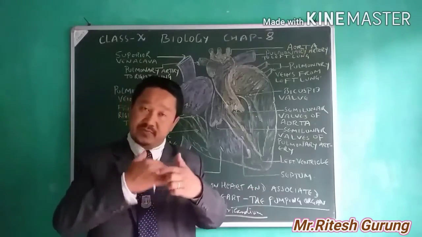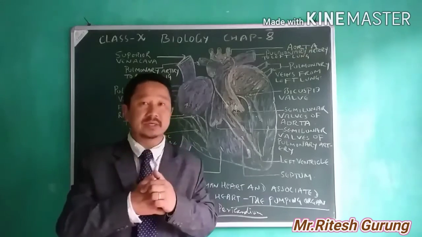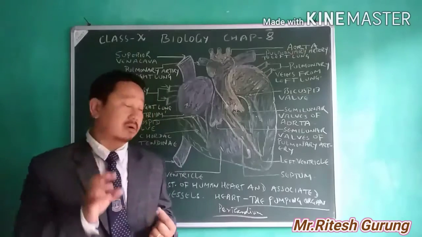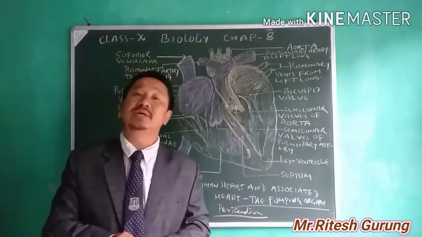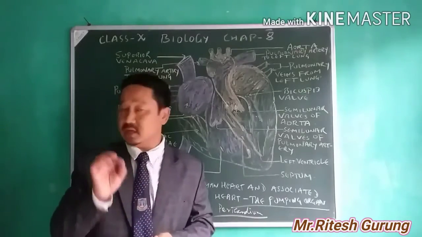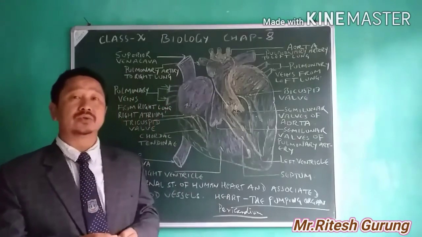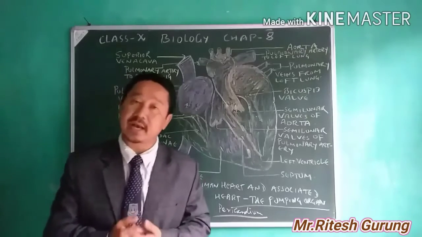There is every chance of friction between these two coverings, so in order to avoid it, there is a fluid called pericardial fluid, which you find between the two membranes of the pericardium.